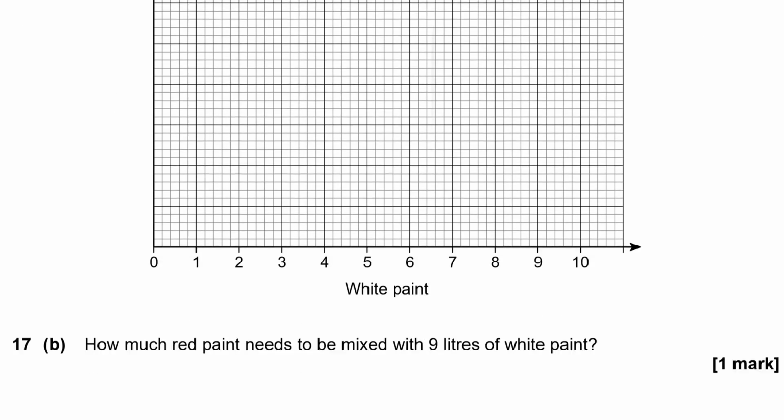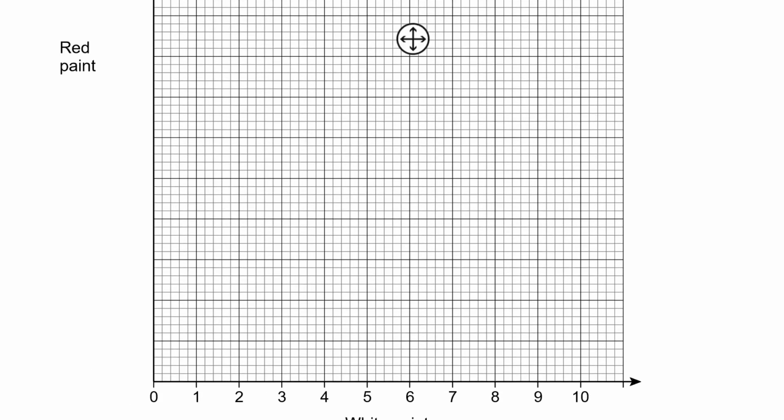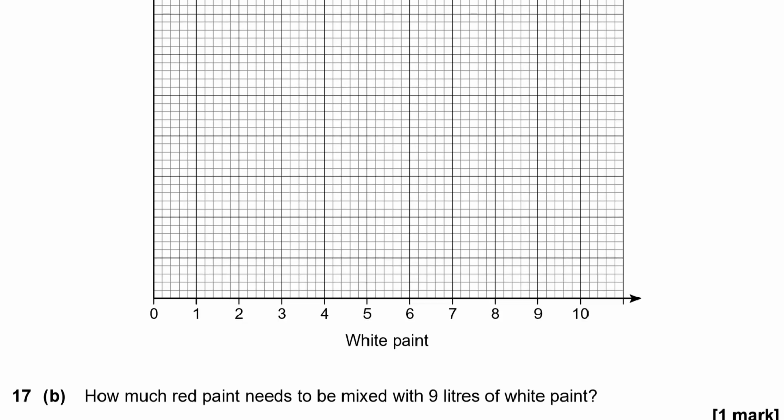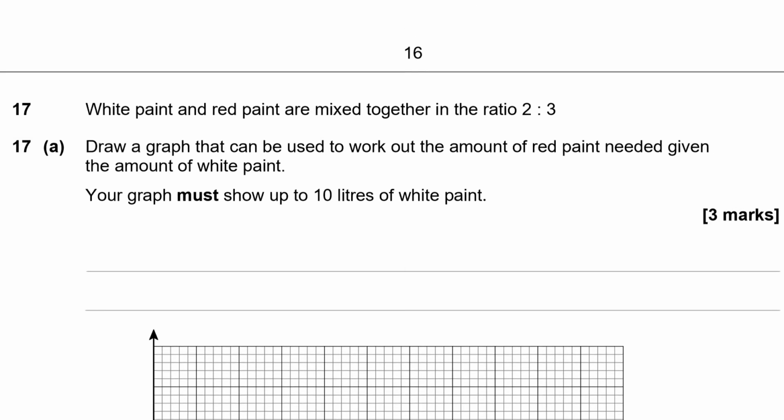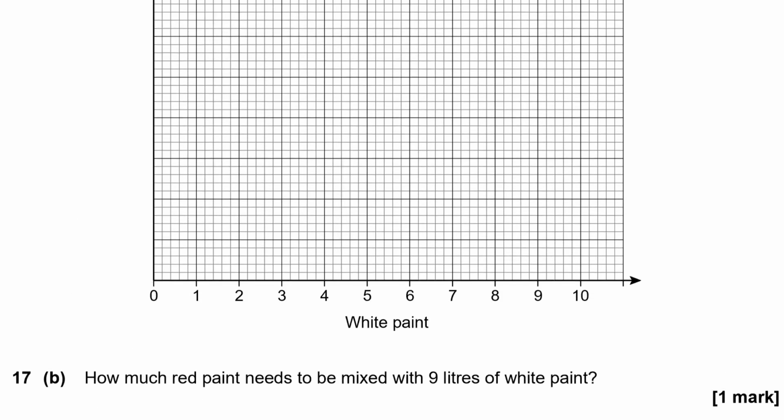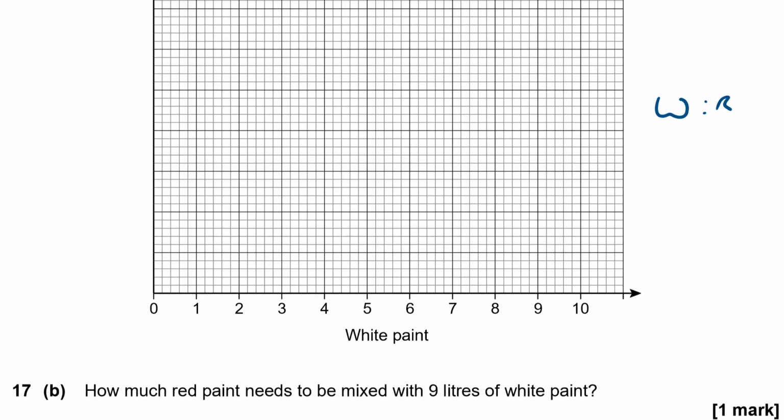Okay, so I've got red paint on the y-axis and white paint on the x-axis. And I know that the ratio is 2 to 3 of white to red. So white to red is in the ratio of 2 to 3. That means for every 2 units of white paint, we need 3 units of red.